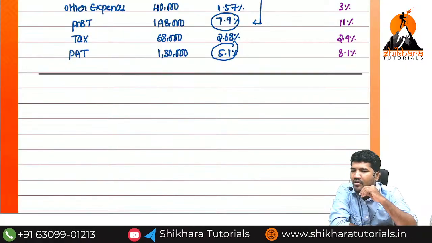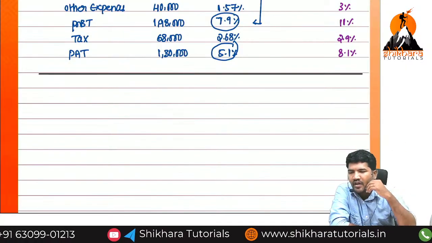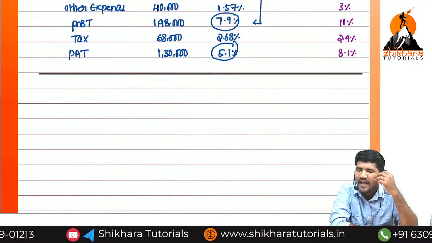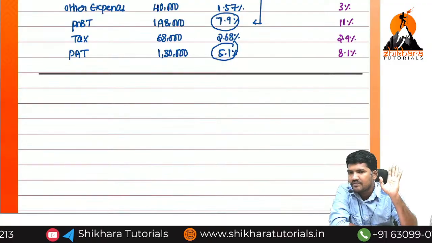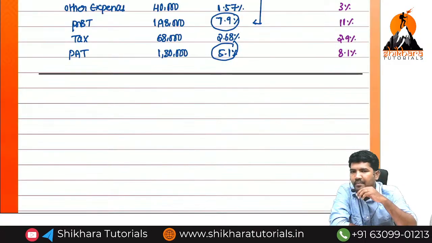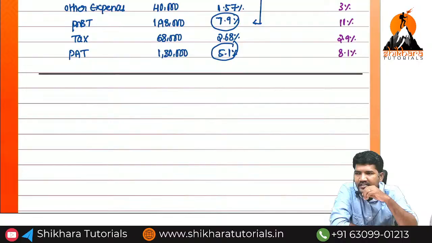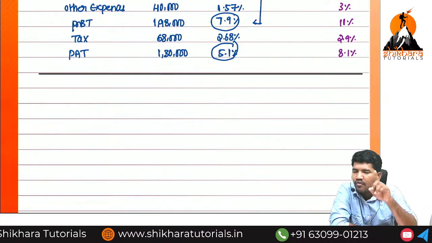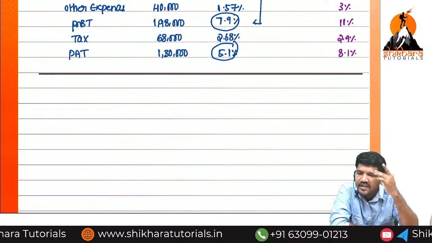Hope you guys are clear? Same for liabilities also. Over the assets: last year assets value 100 lakhs, this year assets value 120 lakhs. What happened? 20 lakhs increase. Last year total current assets 5 lakh, this year total current assets 3.5 lakhs. Decreased.